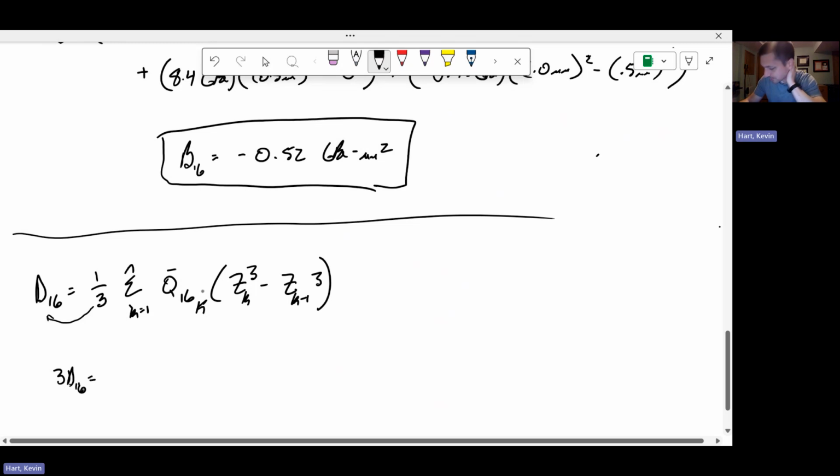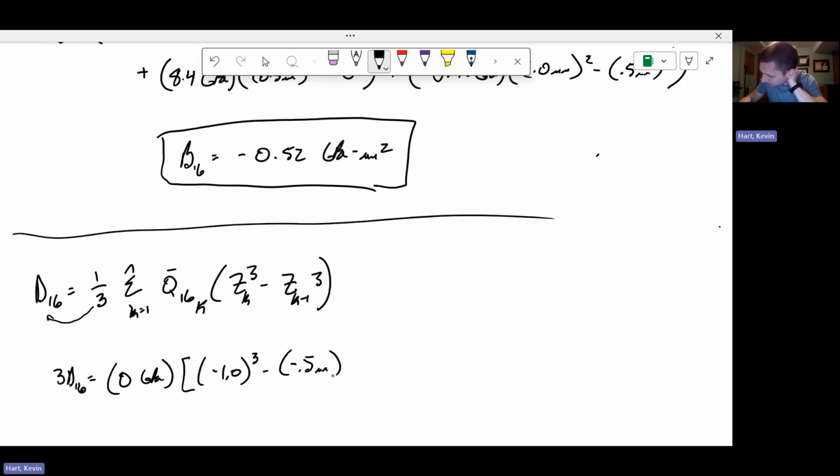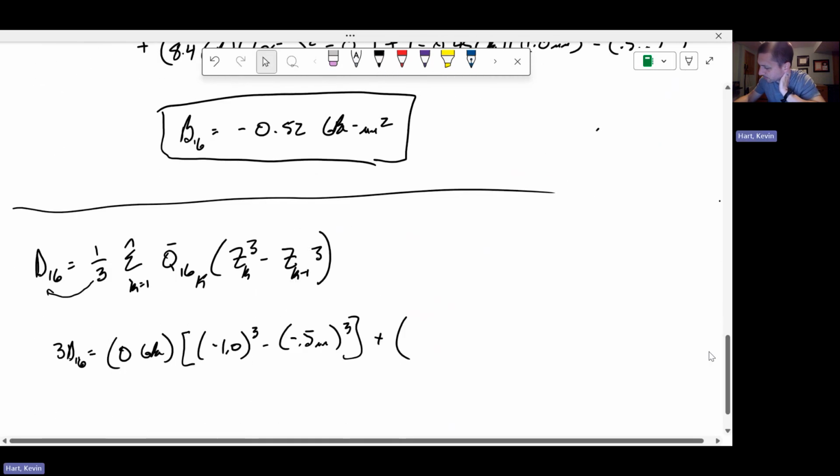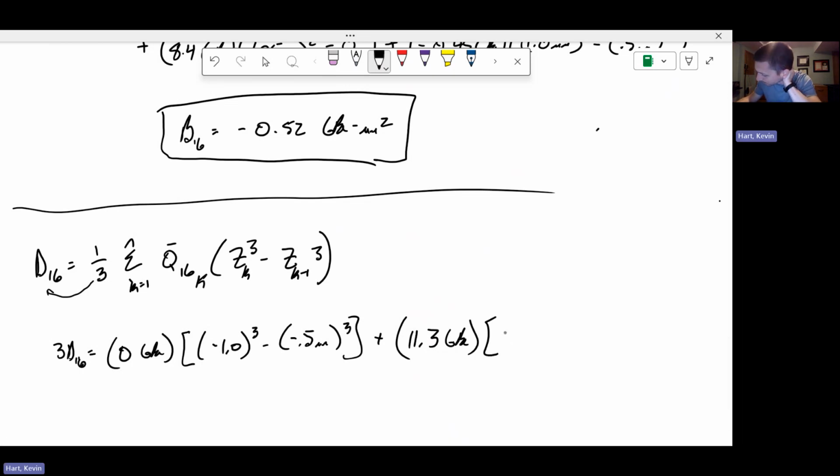3 D16 is equal to the first layer, 0 GPa for the 16 entry, I'm going to go through this a little bit more quickly, times negative 1.0 cubed minus negative 0.5 millimeters cubed. Plus the second layer, 11.3 GPa times Z2 cubed minus Z1 cubed. Z2 is 0 cubed minus negative 0.5 millimeters cubed.